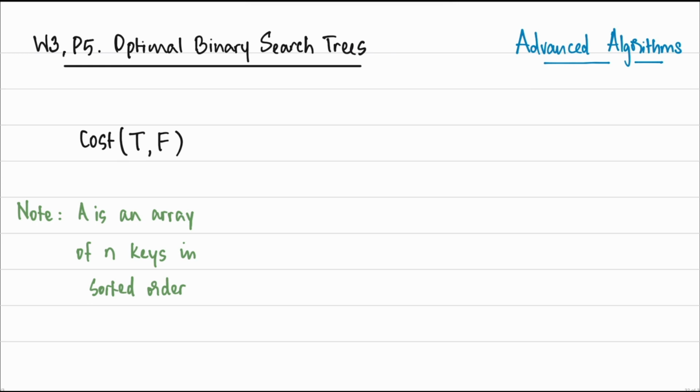So now when we think about the cost of the tree T, I want to break this down. Of course, what we know originally is that this is the cost associated with each key. We have the cost of accessing the key being the number of ancestors that it has.